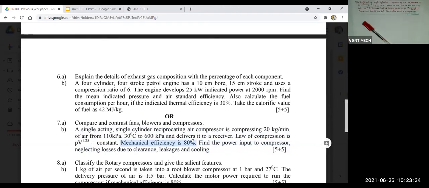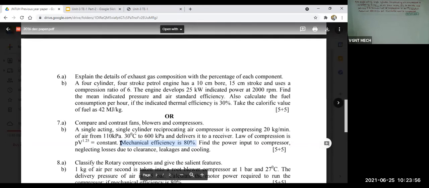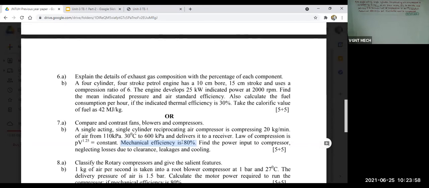as 80%. Before that, for this compressor, we should know the formula to calculate the mechanical efficiency. Once you know the formula, after that we can solve this problem. So can you tell me what is the formula of mechanical efficiency? Because in this problem, mechanical efficiency is given as 80%.